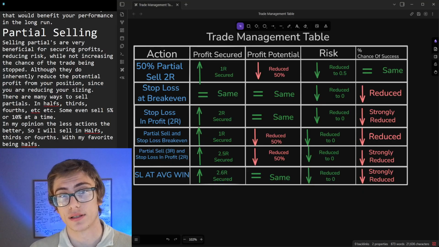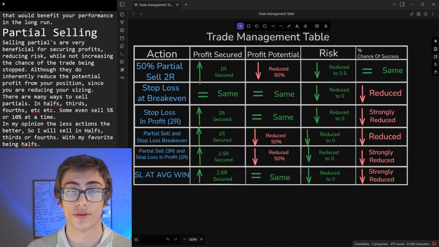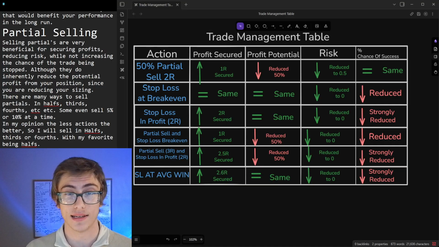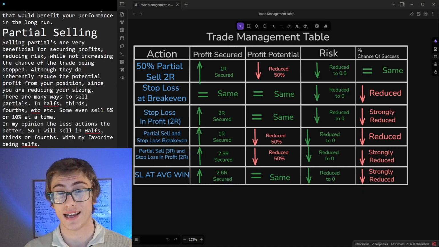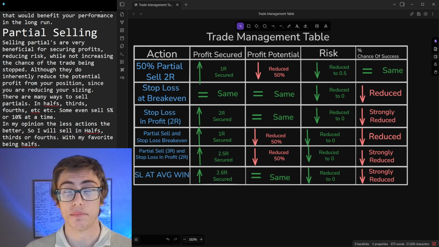There are many ways to sell partials. You can sell partials in halves, thirds, fourths. Some people even sell 5% or 10% at a time, making 10, 20 actions on a stock. In my opinion, for the way I like to approach trading, the fewer actions, the better.